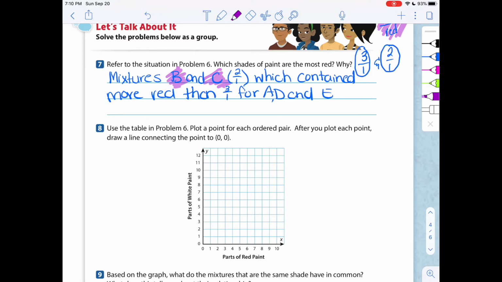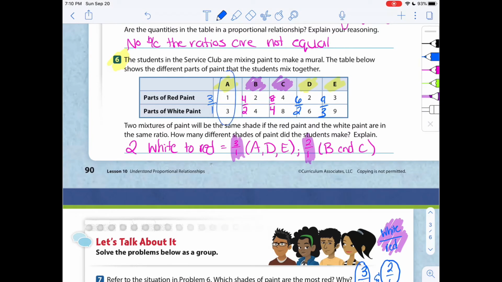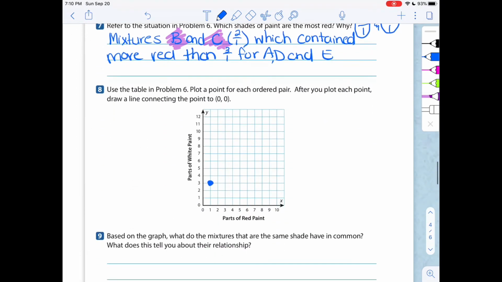So we're going to start by plotting our first point at 1, 3. So if we have 1 part of red paint to 3 parts of white paint. Remember, that was our mixture from the table before, mixture A. 1 part red, 3 parts white. The next point I'm going to plot is 2 parts red, 6 parts white.